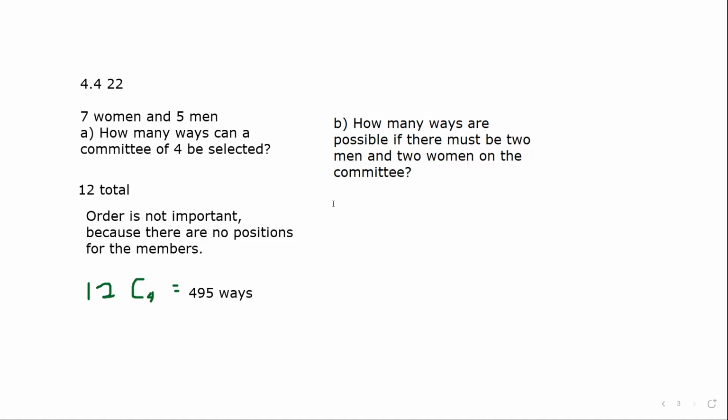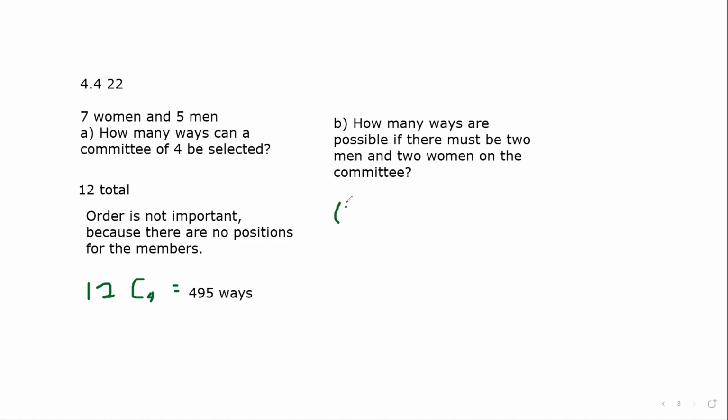So, okay, now the thing about this is we have a couple of groups. We have men, we have women. One of the things I always tell students, because I see them do this a lot, you have to choose men from among the men and women from among the women. So we're choosing 2 men and 2 women. So we're going to have 2 groups here.